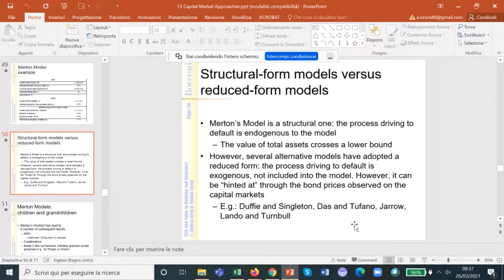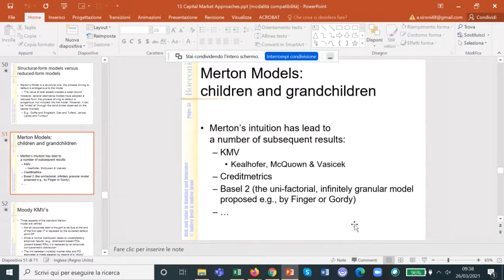There have been a number of derived models from the Merton model. There are plenty of them that try to improve the basic Merton model in different ways, removing many of the assumptions. For example, the normal distribution assumption, or the assumption of just one debt with 1 year maturity, zero coupon, by using multiple layers of debt with different seniority and subordination and so on. Okay, but I just wanted to show you the basic idea.